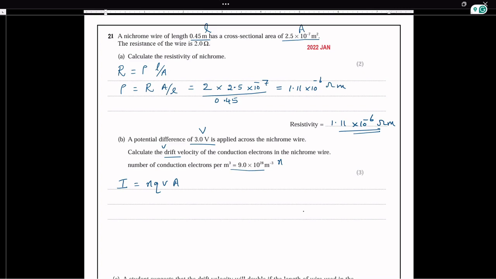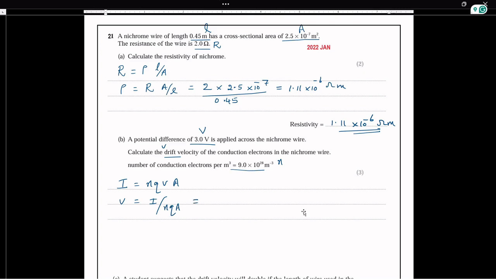And here the value of voltage is given, and we know that there is a resistance of 2 ohms. So current we can write from here, and we have to get the value of V. So let us write V as a subject. It is I over NQA.